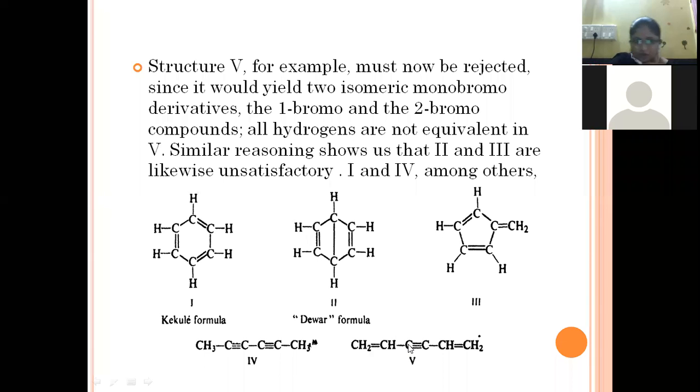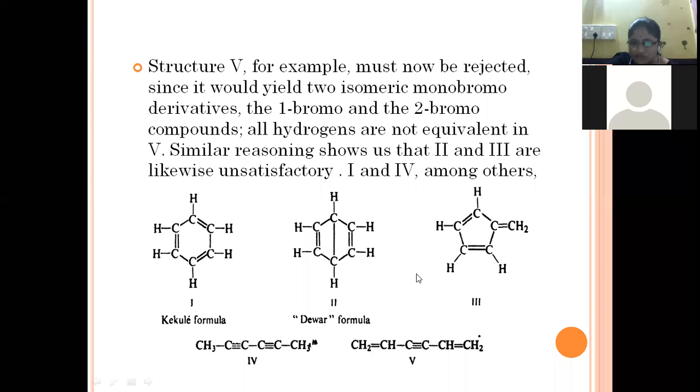A similar reason shows us that structures 2 and 3 also will not have equivalent hydrogen atoms.